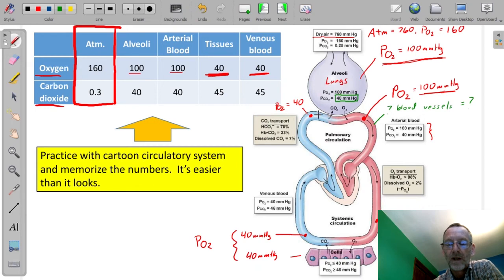There's two of them. We had returning partial pressure of oxygen at 40. It's just coincidental that the partial pressure of carbon dioxide in the lungs is also 40. Okay, that goes to equilibrium in the lungs. So the blood leaving the lungs is also at 40.